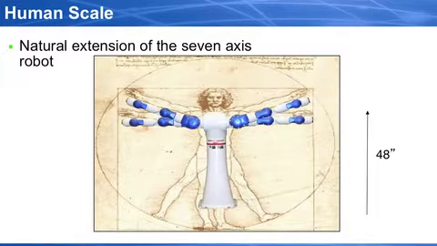And they are on a human scale. For instance, the 10 kilogram machine is built to be 48 inches tall at the shoulders and to have the wingspan of a typical human operator. And what does that give us? It gives us the ability to do what were formerly tasks reserved for humans only.